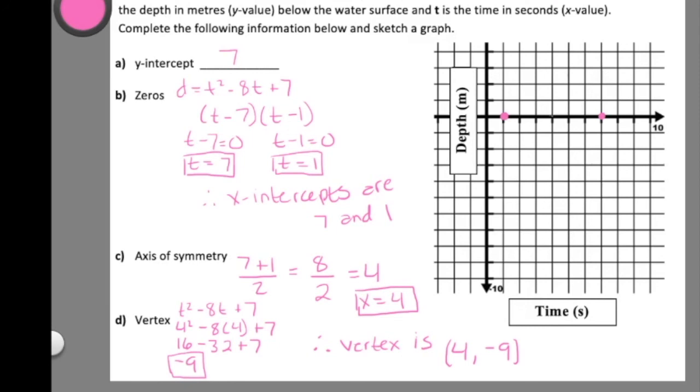If I draw that dotted line through the center of the parabola, I know where 4 is, and the y coordinate of my vertex is negative 9. So 1, 2, 3, 4, 5, 6, 7, 8, 9 right here. So the vertex is right here at this point. That's the center of the parabola.